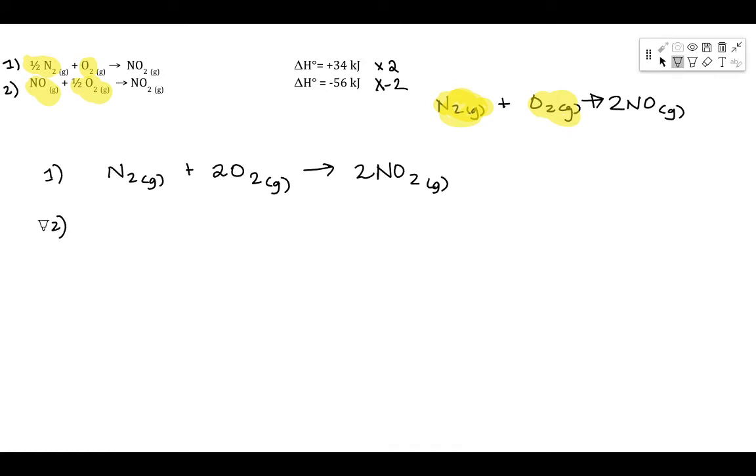Our second one, we wanted to add a coefficient of 2 as well as flip it, right? Reverse it. So there's going to be 2NO2 gas here, which produces NO gas plus... oops, got to include our coefficient, so 2NO, as well as the coefficient for O2. When you have 0.5 multiplied by 2, that'll give me 1.